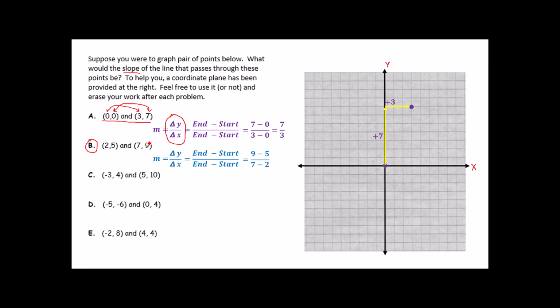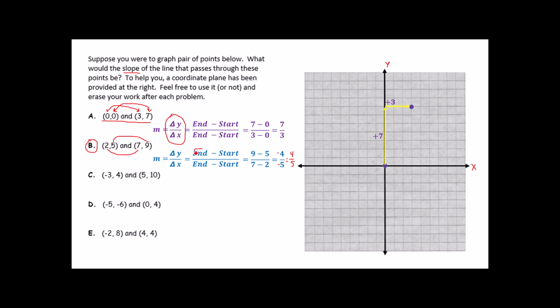Your y's would be 9 minus 5. Your x's would be 7 minus 2, which gives you 4/5. If you had switched these and had 5 minus 9 and 2 minus 7, you would have got -4 over -5, which is also 4/5. So it doesn't matter which one you do first.